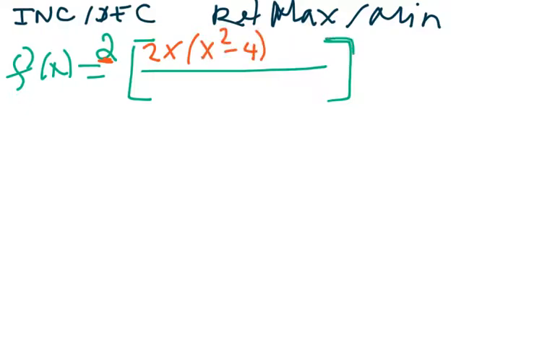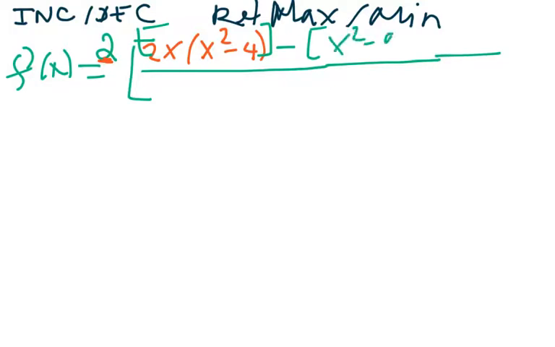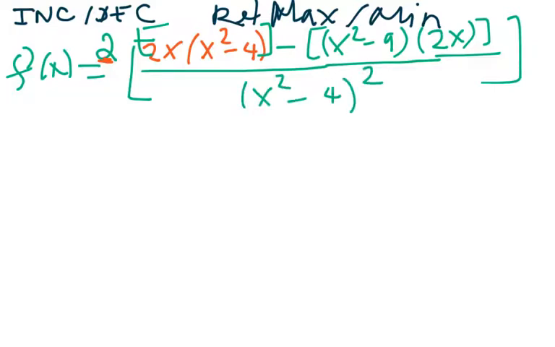I'm going to erase this because I will probably need more space. Minus, so this is the first bracket, and this is the second one. The x squared minus 9 will stay the same, and then times 2x. And then the denominator is x squared minus 4, squared.